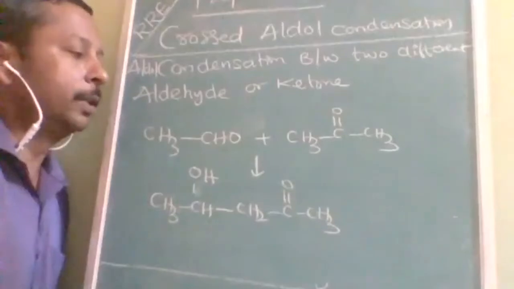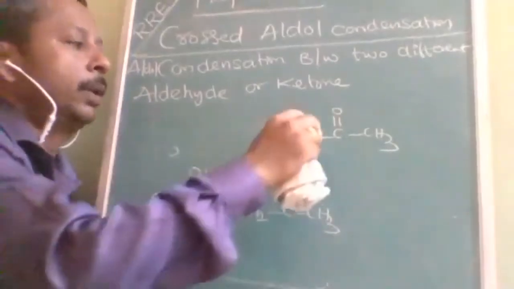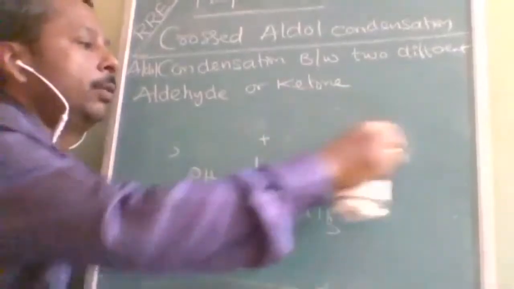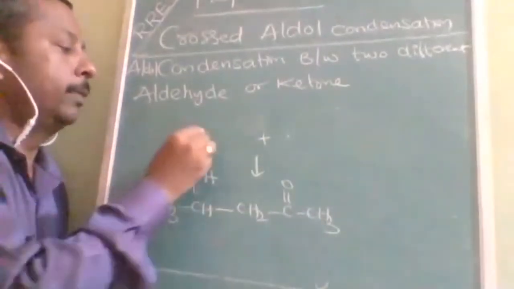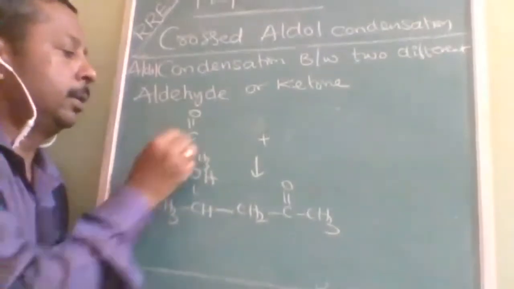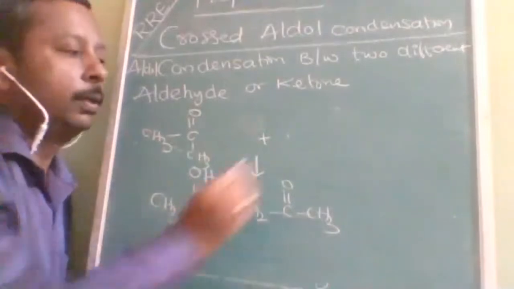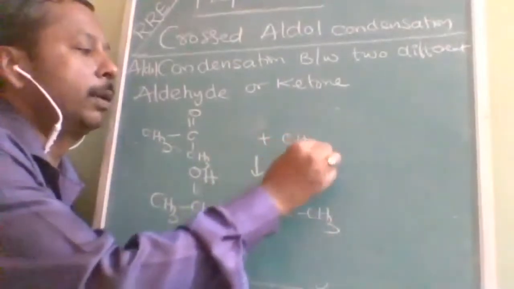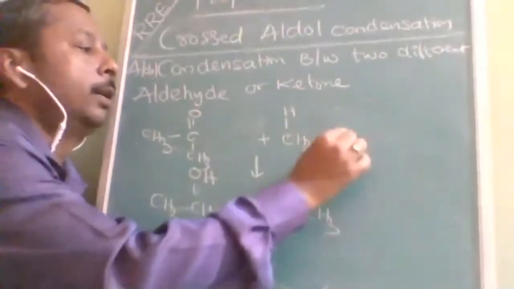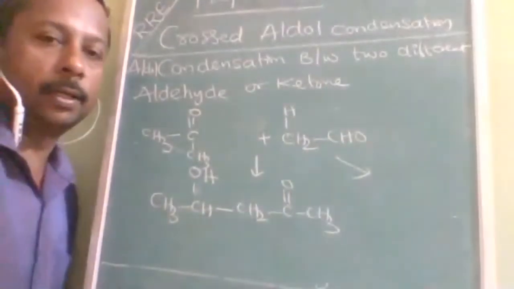Now for the second part I am changing the options here. I am changing this as the carbonyl group, so here I am writing C double bond O, CH3 and CH3. Now it is ready to provide the carbonyl group, and the other partner has to be ready with the alpha hydrogen. In this condition, what is the product it is going to give?